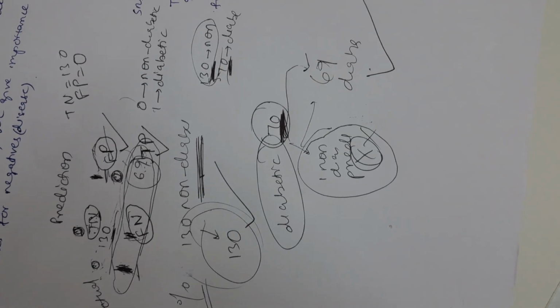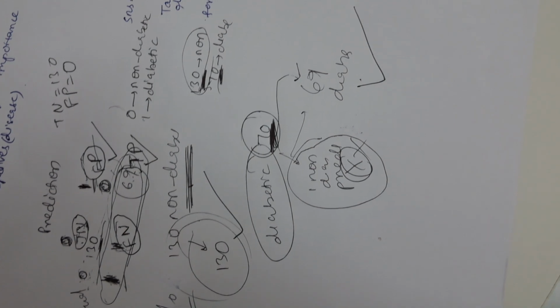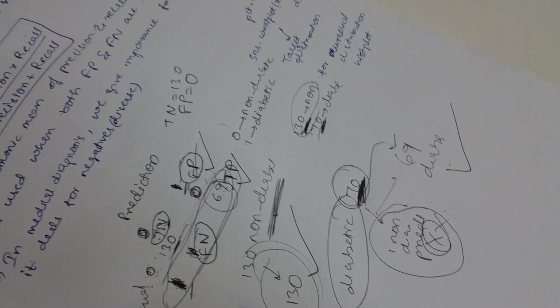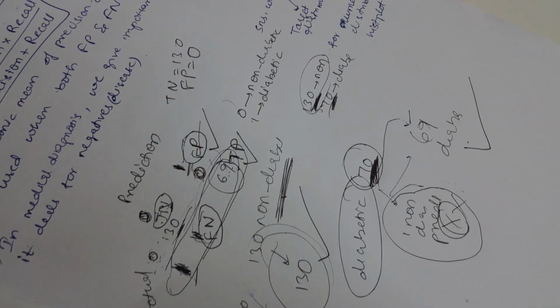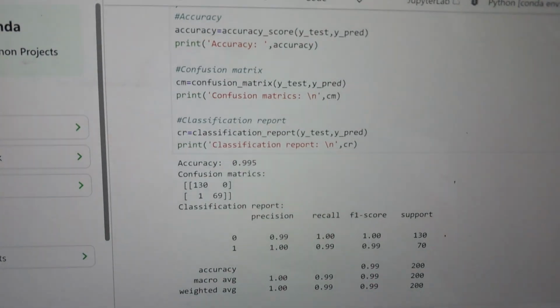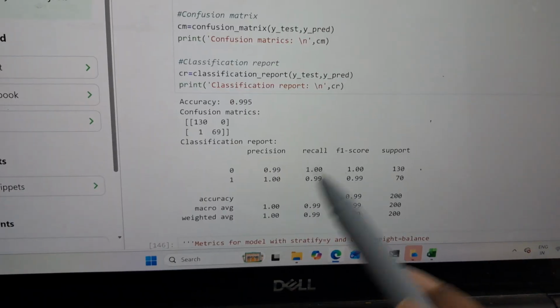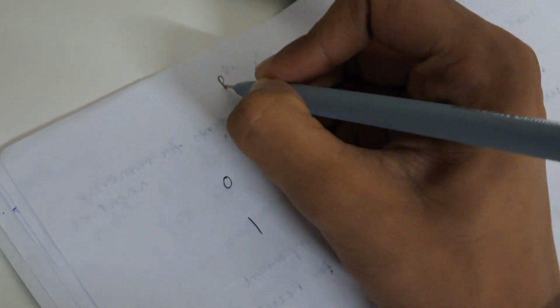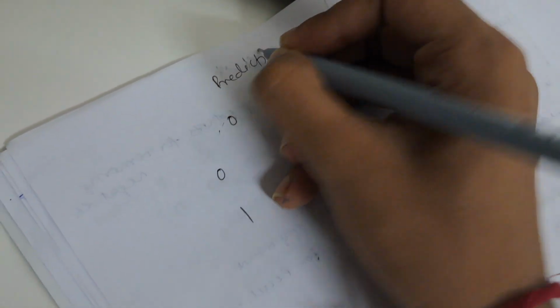Next are precision, recall and F1 score. In the classification report you will get precision, recall and F1 score. So I'll write here: 0, 1, 0, 1, prediction and actual.